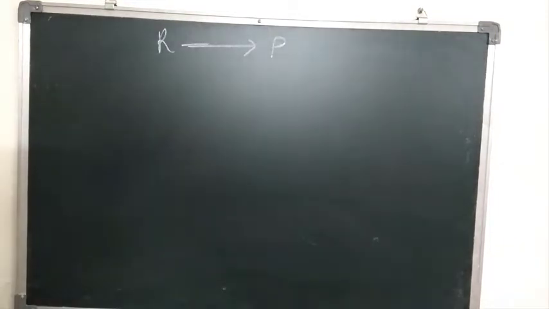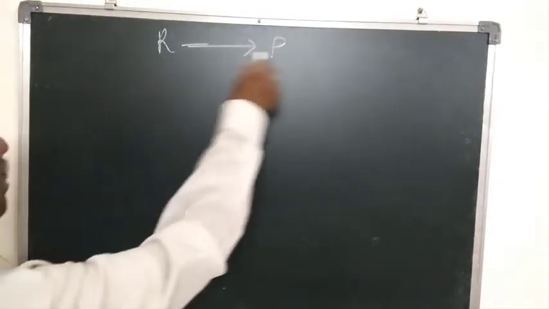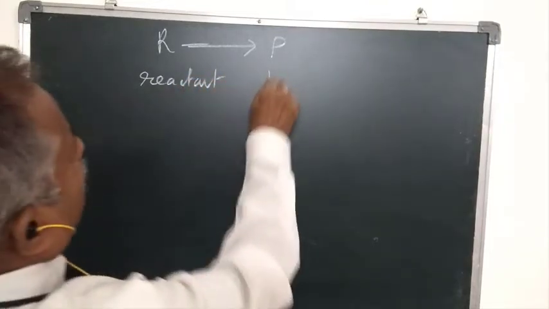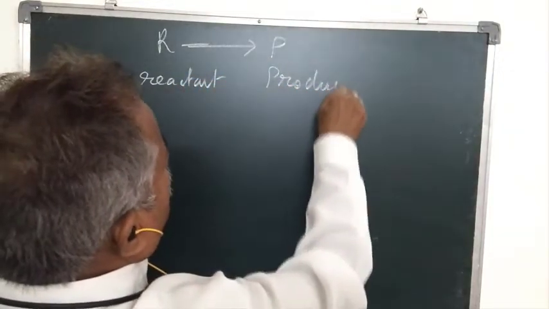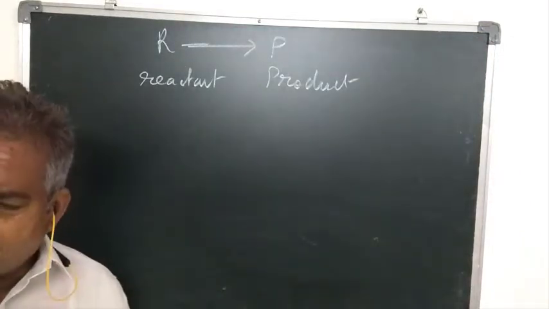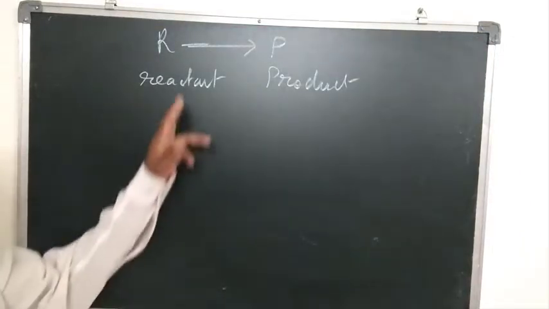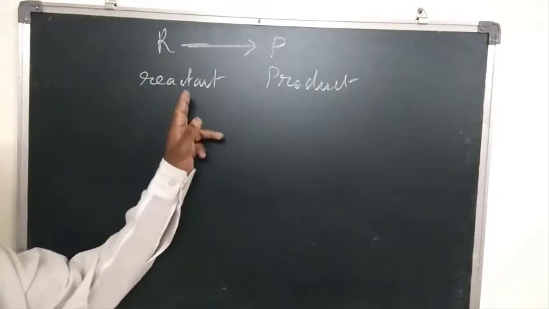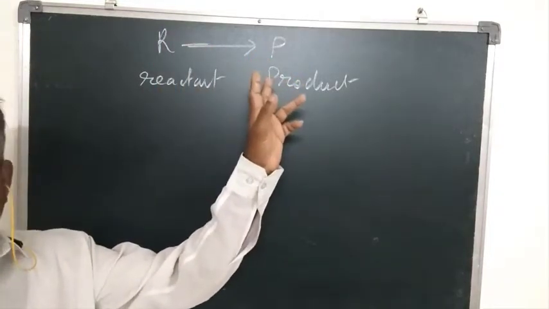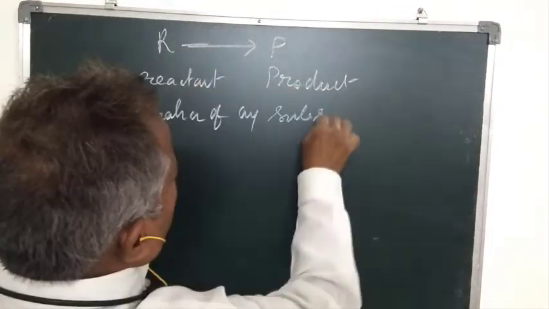Now let us consider a hypothetical reaction where R gives P. R means reactant, P means product. Now how do you find the rate of the reaction? The rate of the reaction is expressed in terms of quantity of the reactant disappears in unit time, which is equal to the quantity of product appears in the given time.